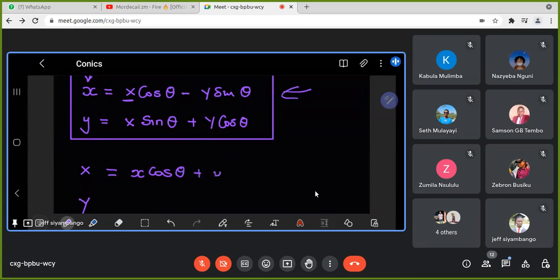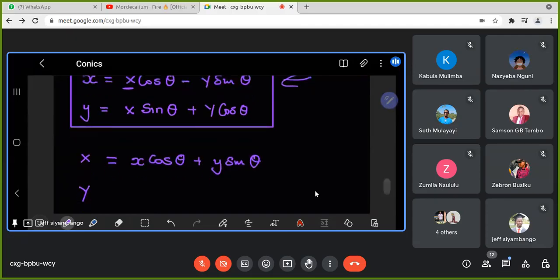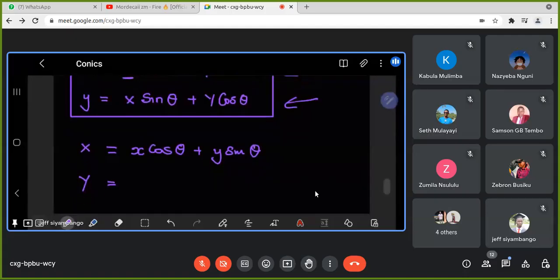Then you have the old y, and you still have sine theta. And we're now writing for the new y. Again, it's the same expression, but the term with sine is now going to be minus.